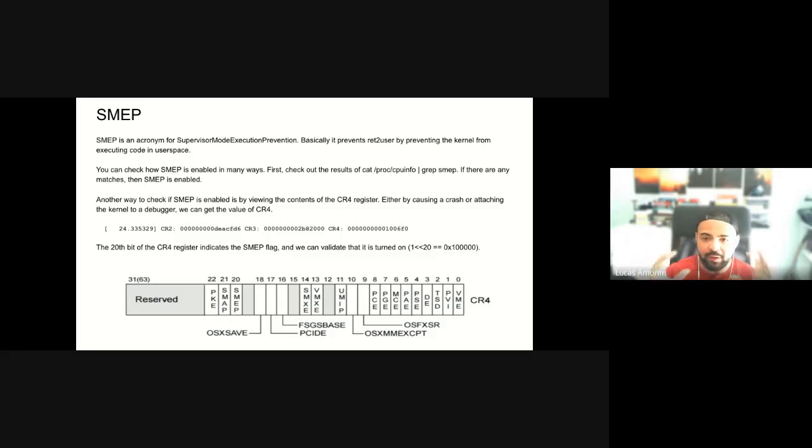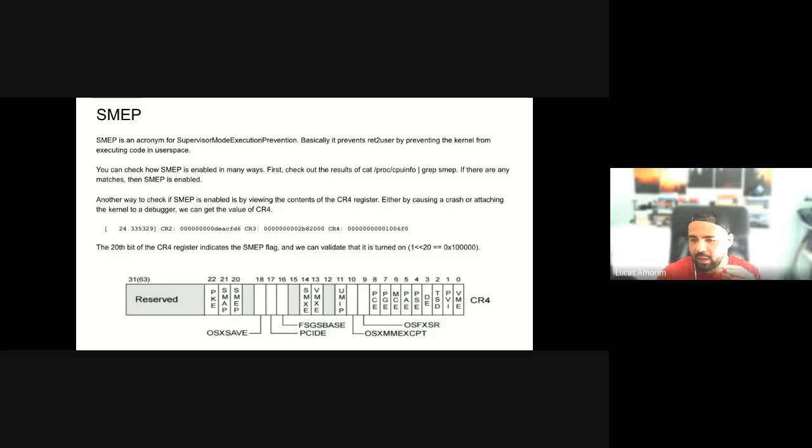Because it's still in the kernel context. So that's what they call ret2usr, basically returning to user space. That was a way exploit developers used to write kernel exploits back in the day.